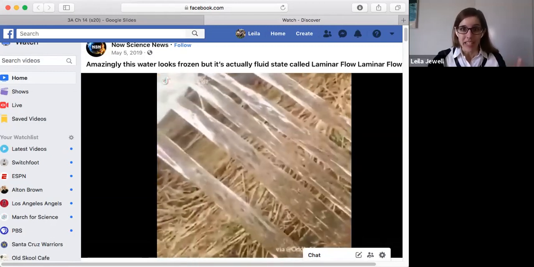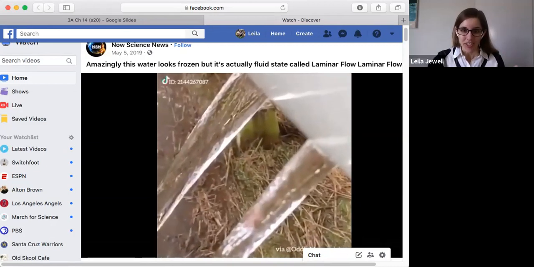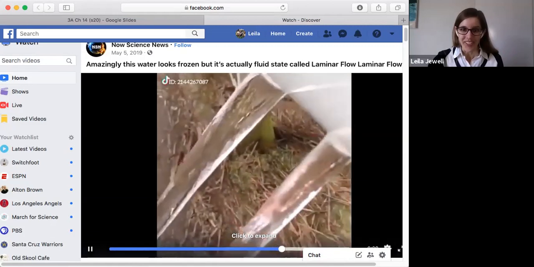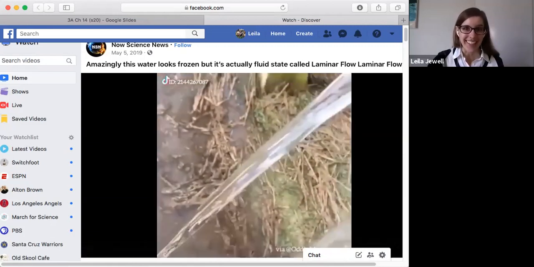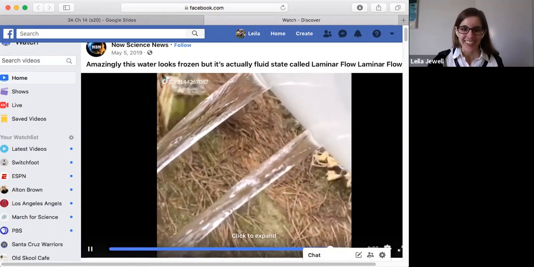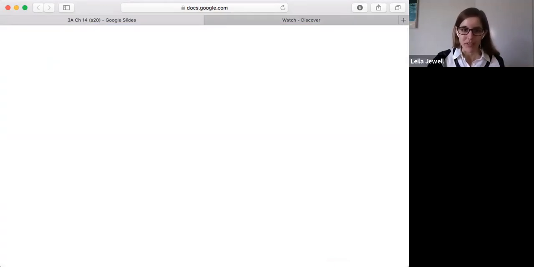The water's still coming out. It's dumping out of the container it's in. It's just in this steady flow so that even when it's disrupted, you can see it's actually just water. It's just flowing so steadily that it looks stationary. So there's one example of laminar or steady flow.